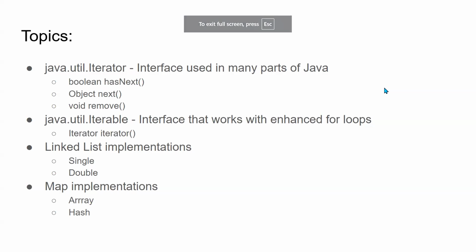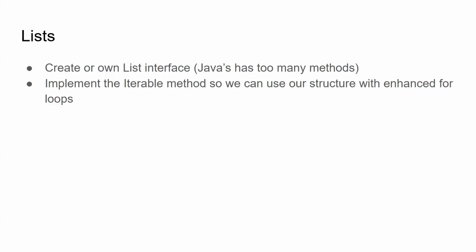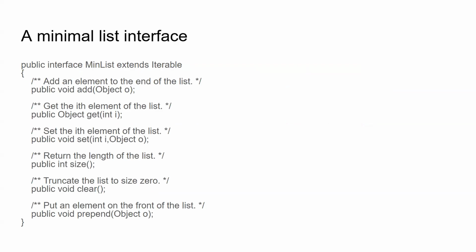This is just a reminder of the various things that we're considering: iterator, iterable. We're going to talk about some linked list and map implementations. This was an iterator example I showed you. We talked about lists because one of the difficulties with lists, the java.util.List interface, and some of you still don't realize that's an interface, but it is.